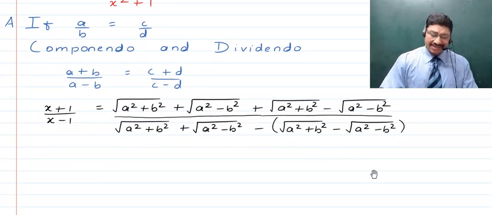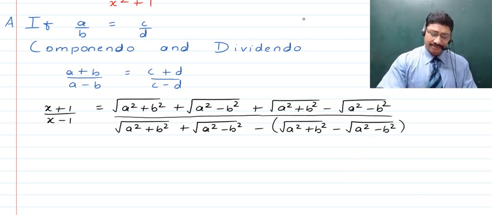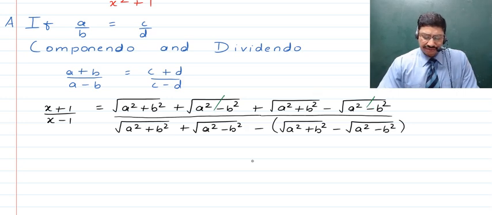Now, children, after this there is a little bit of simplification that we can do. We get to see that here we have this root of a square minus b square, which will get cancelled with minus root of a square minus b square, as both of these are identical but they are additive inverse of each other.